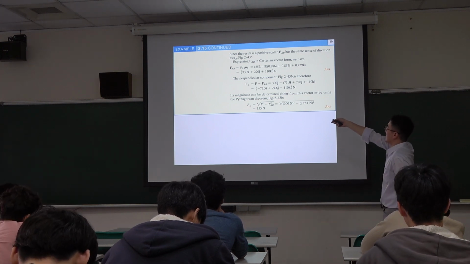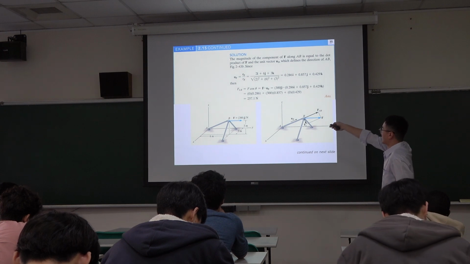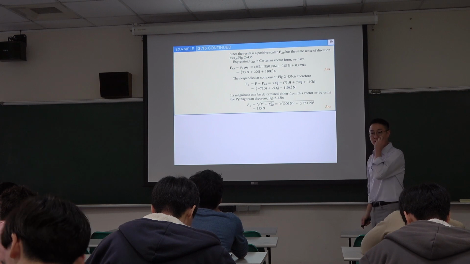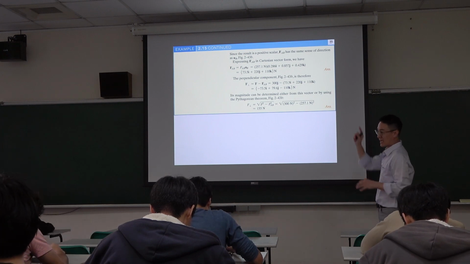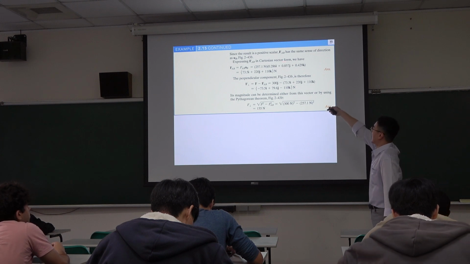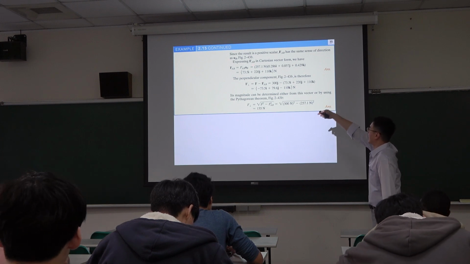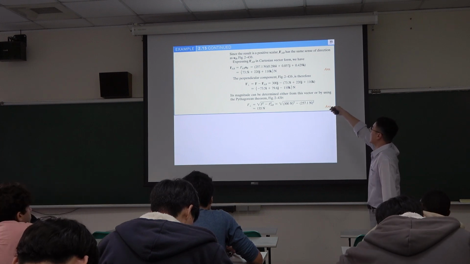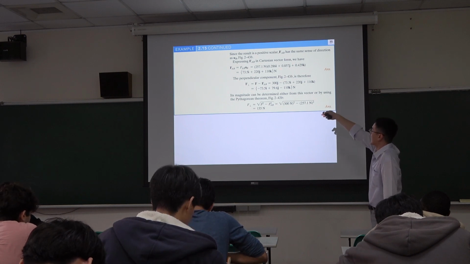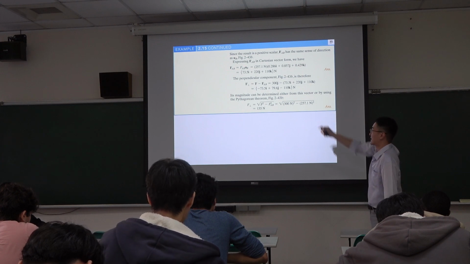Then we take its scalar times the unit vector, which gives us the force represented as a Cartesian vector. So the Cartesian vector can be represented like this.